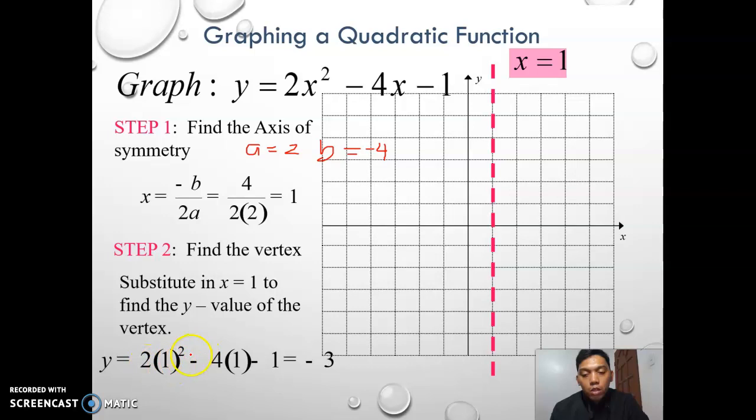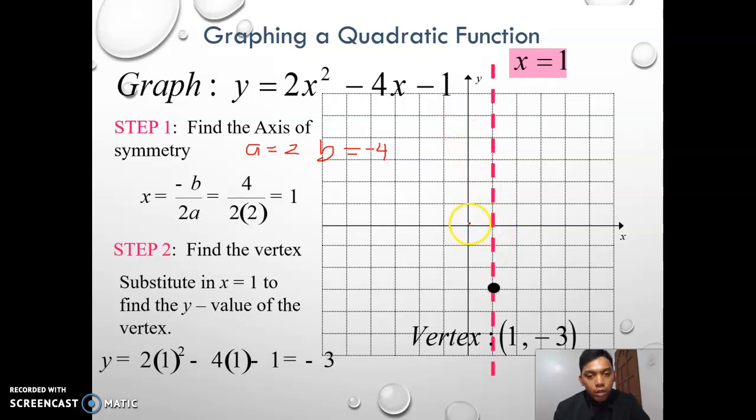So 1 squared is basically 1, so 2 times 1 is 2, and 4 times 1 is 4. So 2 minus 4, then minus 1, that's negative 3. So now you have the vertex (1, -3), which is located here.